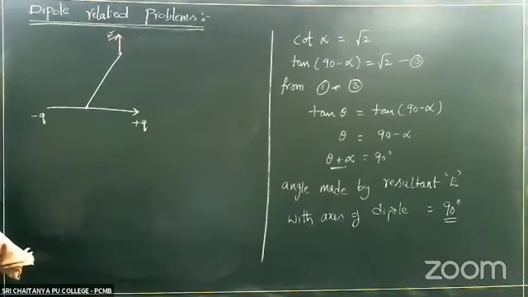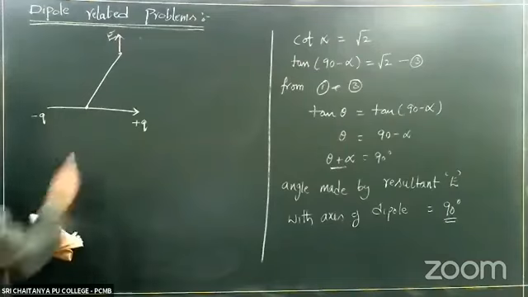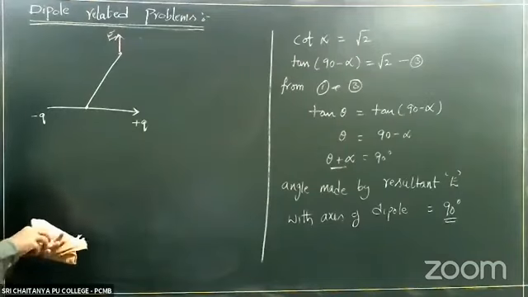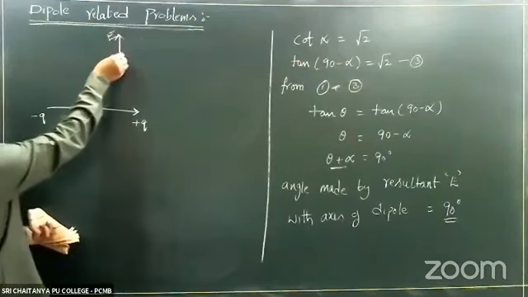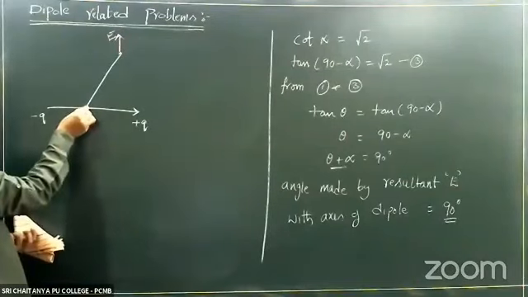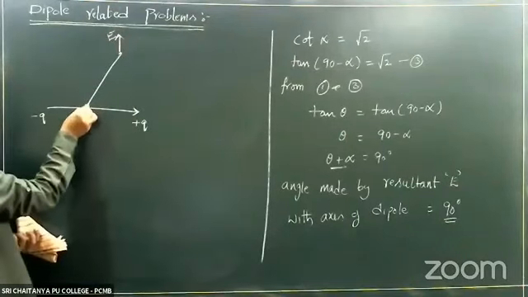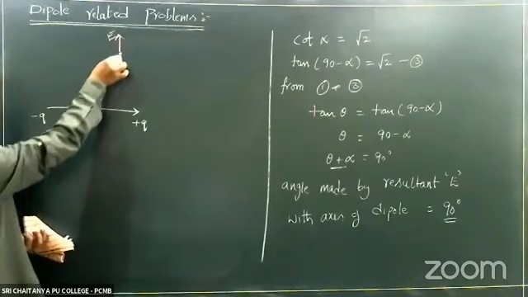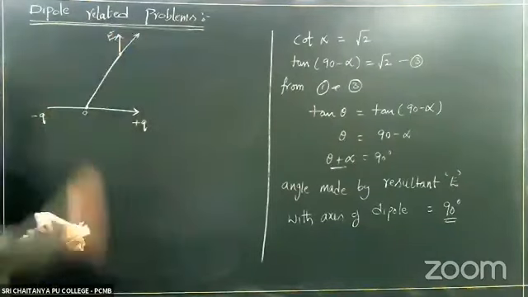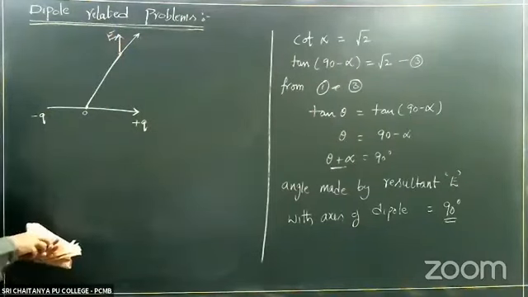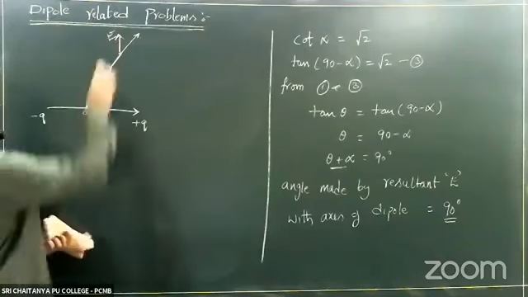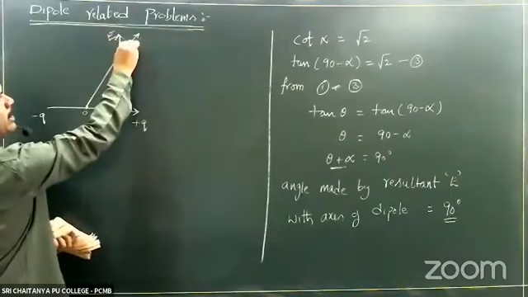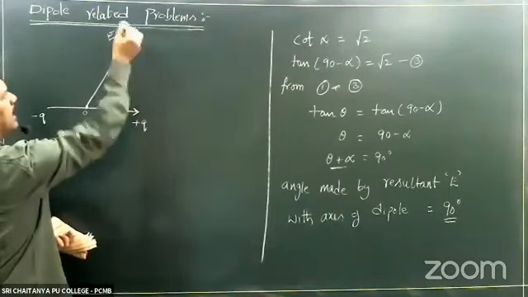That field direction, see, you are given in the problem with the line joining the center to the point, with this line, the net electric field making some angle.